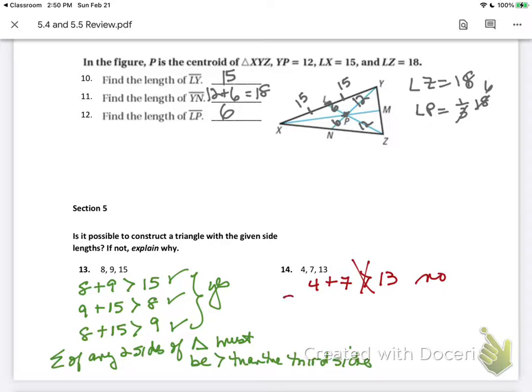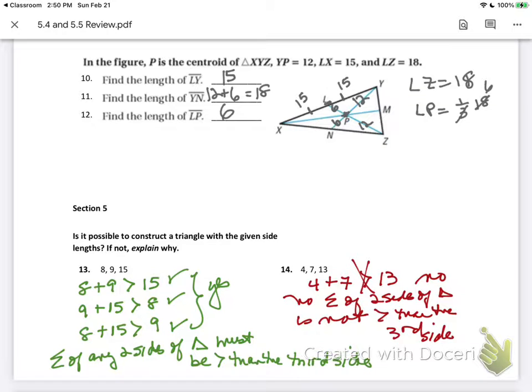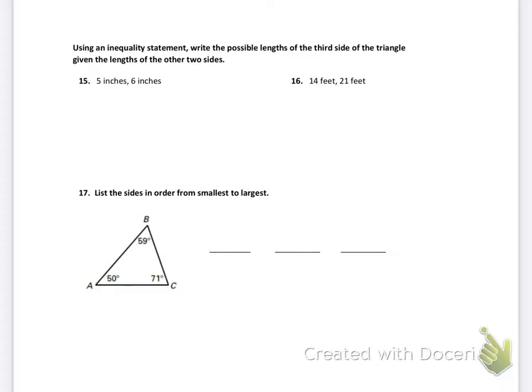So I'm going to say no, because the sum of two sides of a triangle is not greater than the third side. So the first one, 13, was a yes. 14 was a no. Okay, let's go on to the next page.